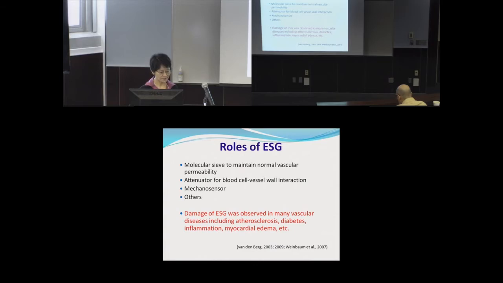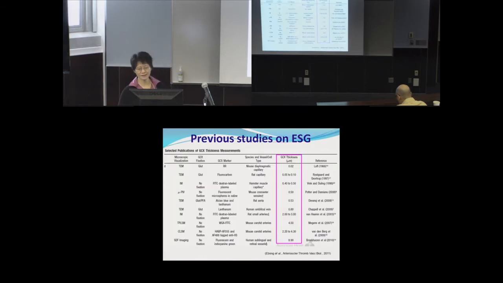So since 1966, people started to want to know the thickness and the organization of this layer by different methods and in different types of vessels, like capillary, aorta, arteries, in different species, from mouse to human.